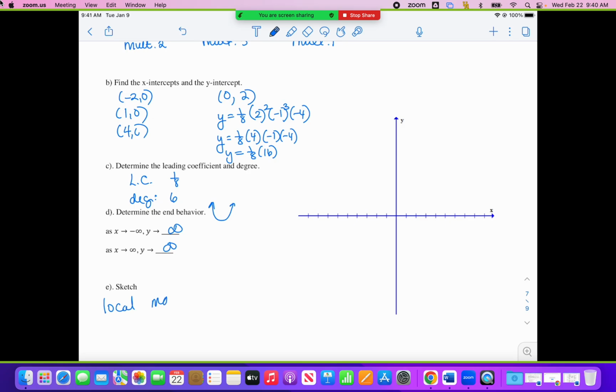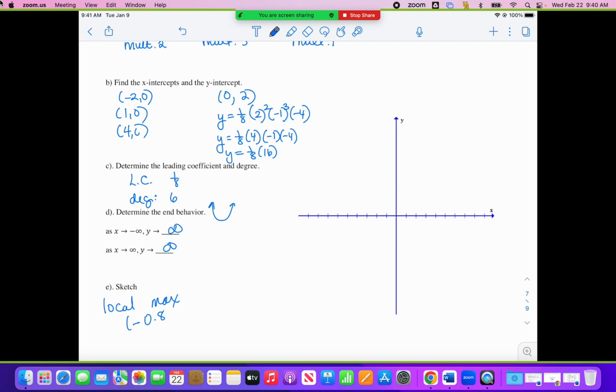So I'm getting a local or relative max at negative 0.8... I can't read my own handwriting. Is it 886? 85. I can't read my handwriting.